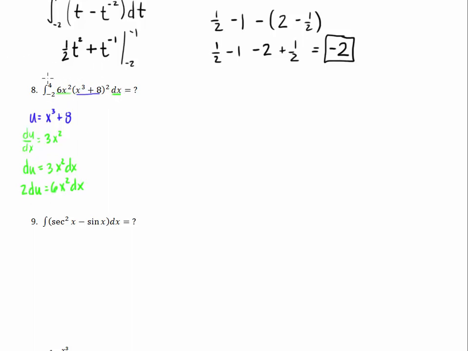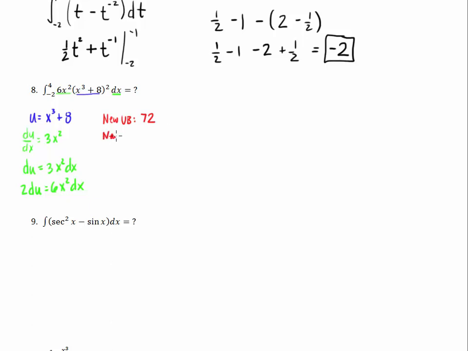Now we also have to worry about the bounds because these are x values, so we need to get new bounds. So my new upper bound, these are x values, so you're going to use this equation right here that we came up with. 4 cubed is 64, and 64 plus 8 is 72.